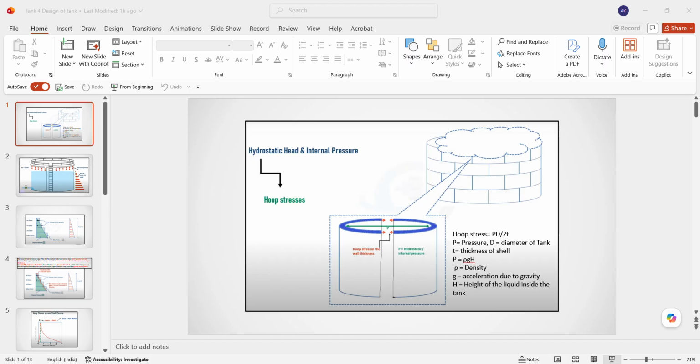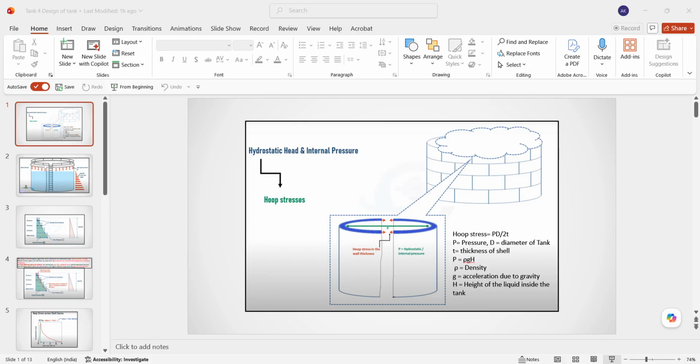Today we are going to discuss a very important aspect for designing a tank.